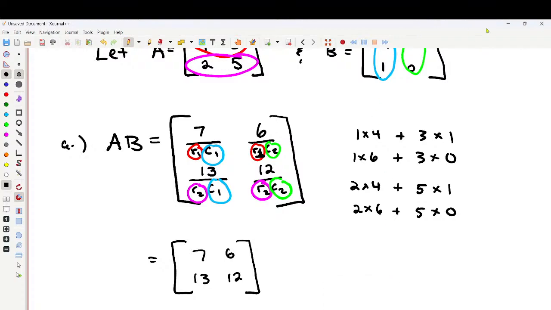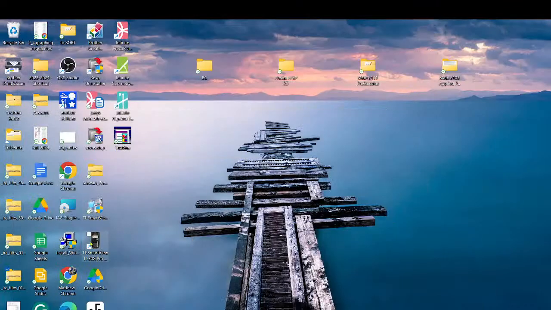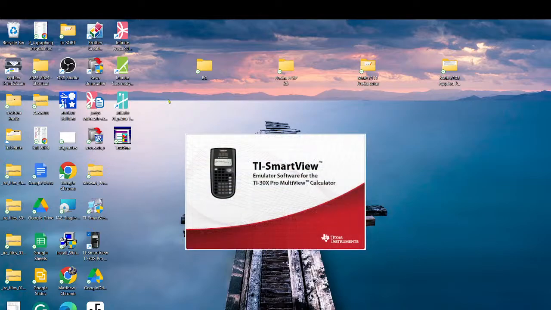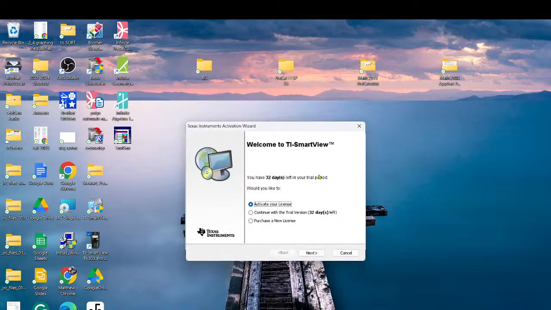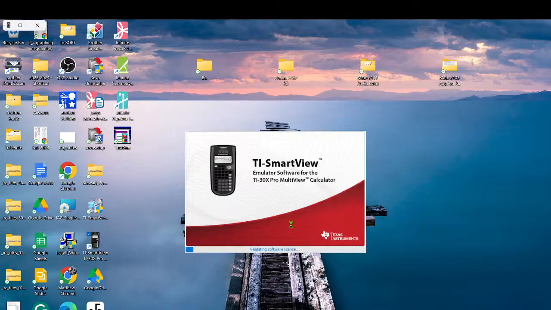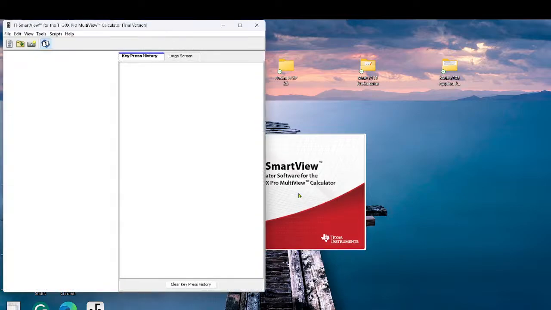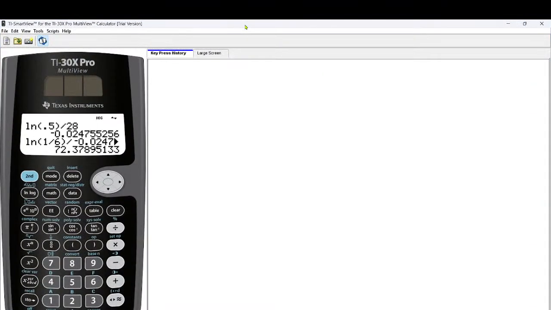Side note. This handy dandy calculator has a matrix set of tools right there.